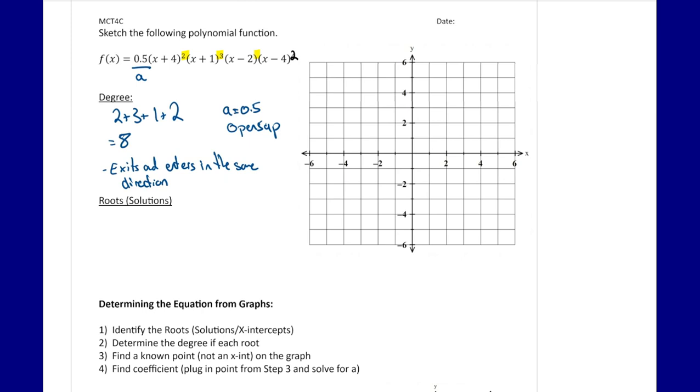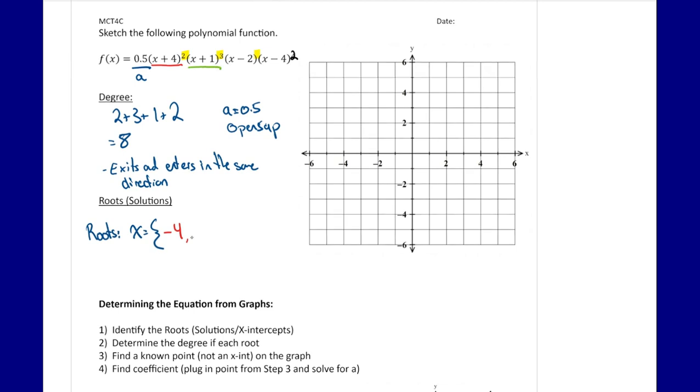Next thing we want to do when we're sketching this is think about what the roots, what the solutions are. So in this case, I'm going to look at each factor, each term that has an x with it. We'll color code this actually. In the first one, x plus 4, that gives me a root of x equals negative 4.